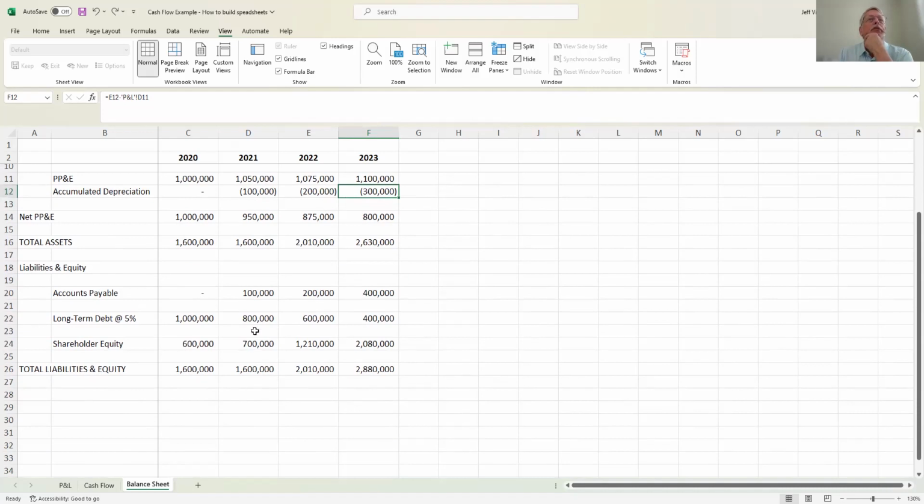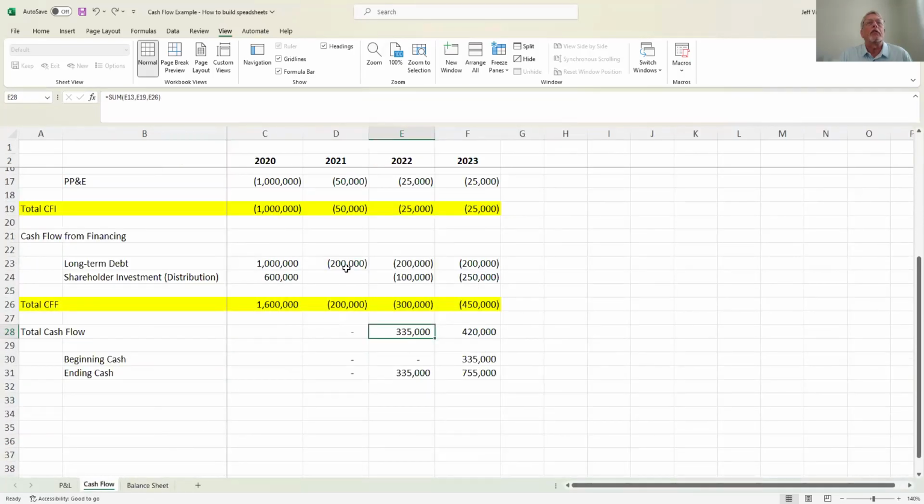If you go down to your payables, you remember we started out with no payables. We added $100,000 in 21, added another 100,000 in 22, and then 200,000 in 23. So that's money you owe somebody. Your debt, remember we're paying off $200,000 a year.